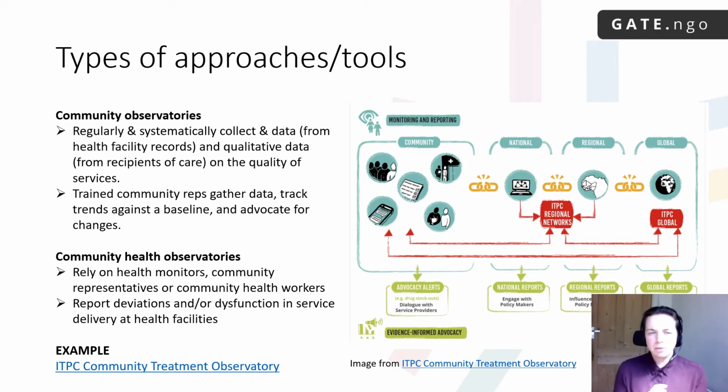Community health observatories are a form of a community observatory, but specifically focused on health, and they might use health monitors or community health workers. And a good example is ITPC's Community Treatment Observatory. And you can see on the image on the right how this interconnects at the different levels with the community, national, regional, and global monitoring and reporting bodies and processes.